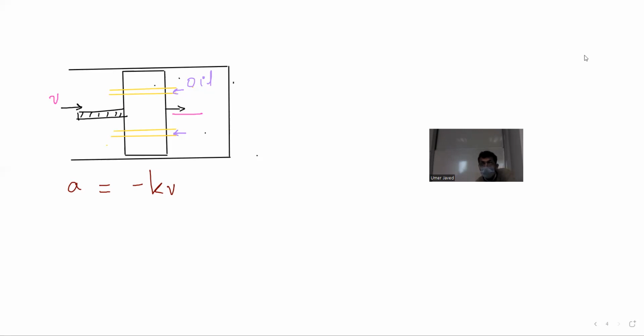Let me use a nice arrow, so there are no confusions. And this is the A. Anyone who wants to tell us why A is equal to negative kV, where k is a constant? Why is there a negative?